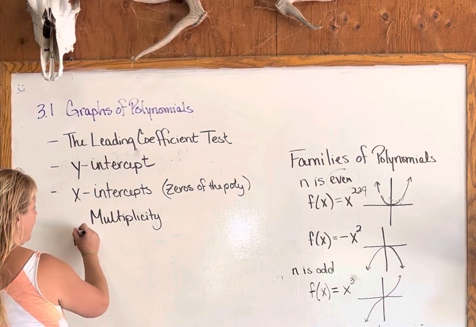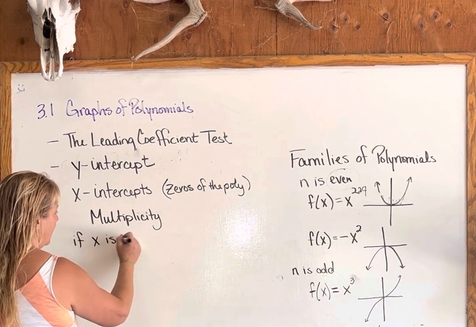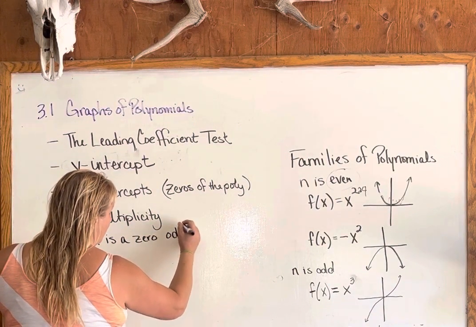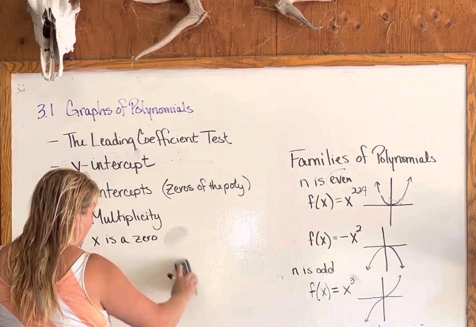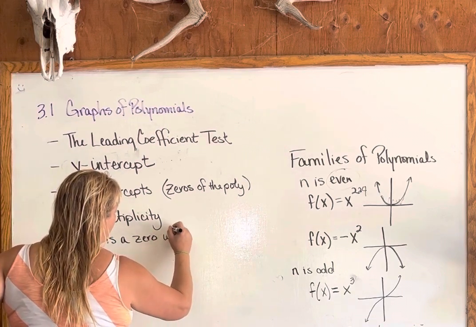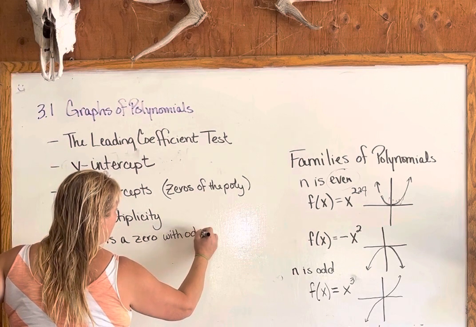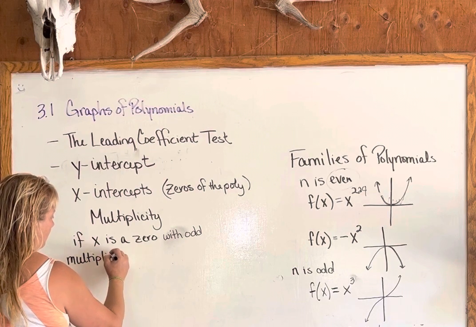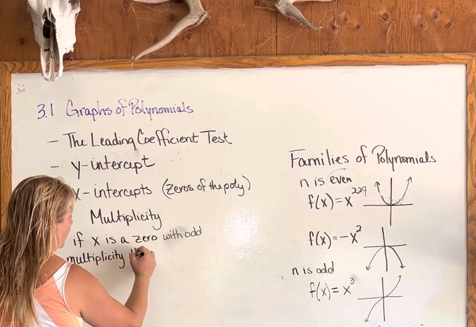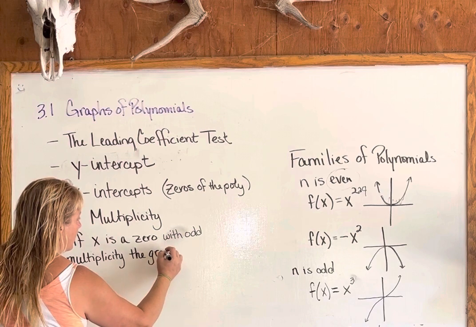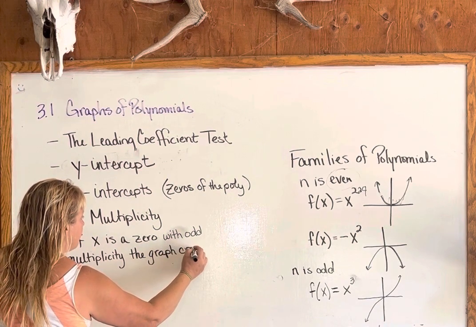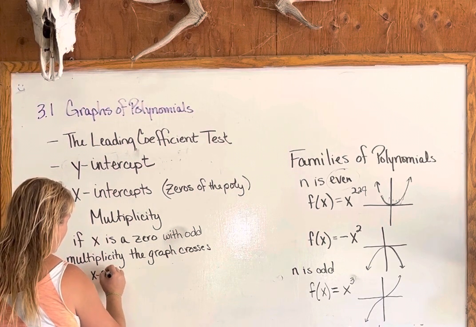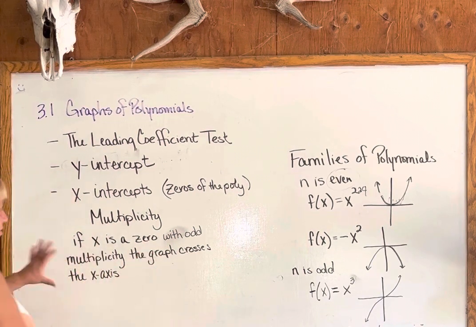So it says if x is a 0, wait, no, let's not write it that way. Let's actually use proper grammar. With odd multiplicity, the graph crosses the x-axis. Okay, that's the norm. That one you don't really have to worry about.